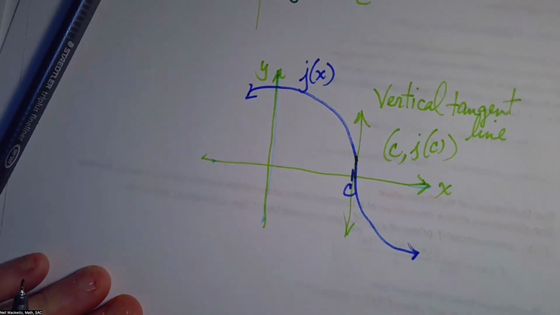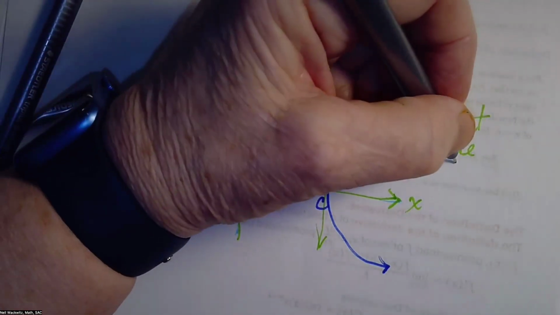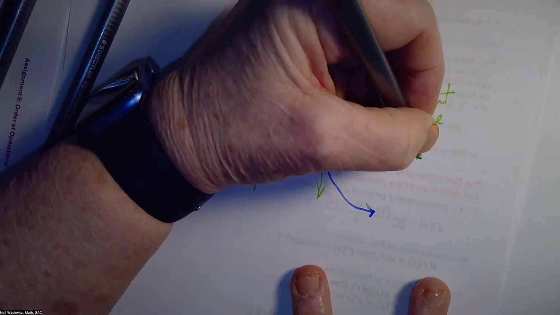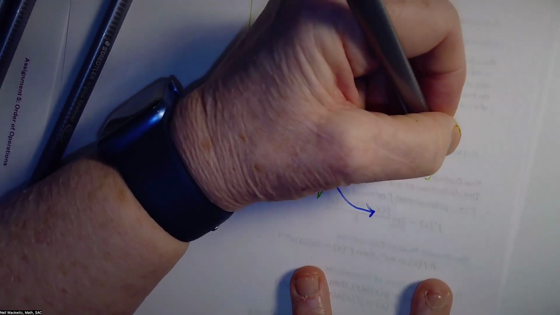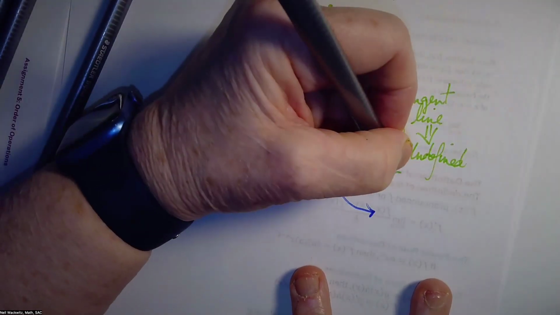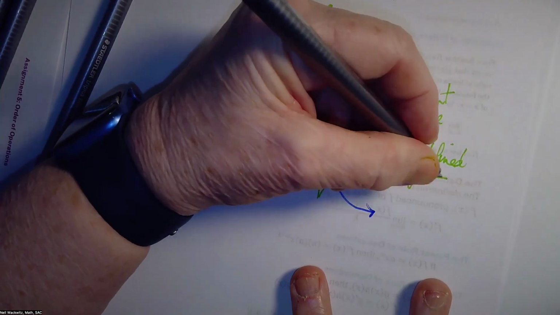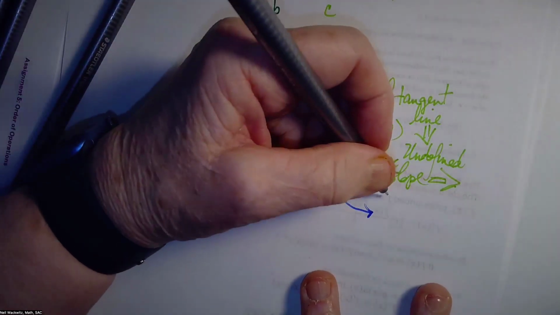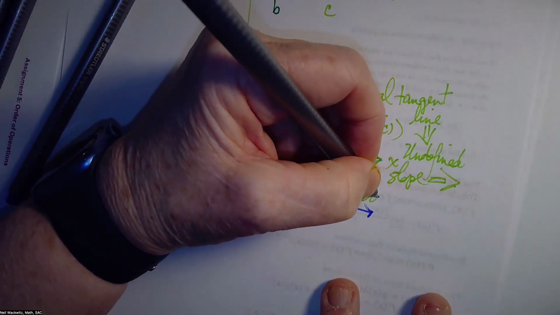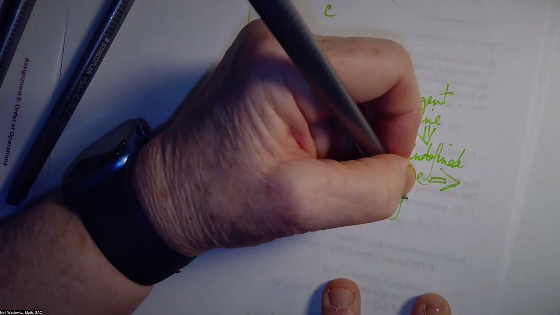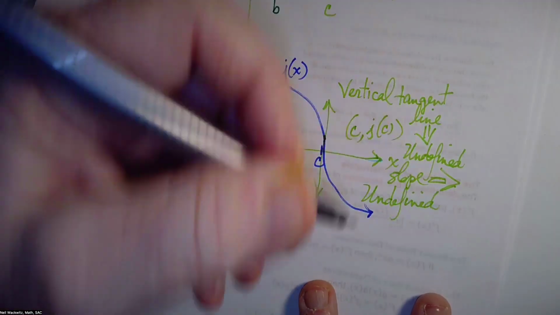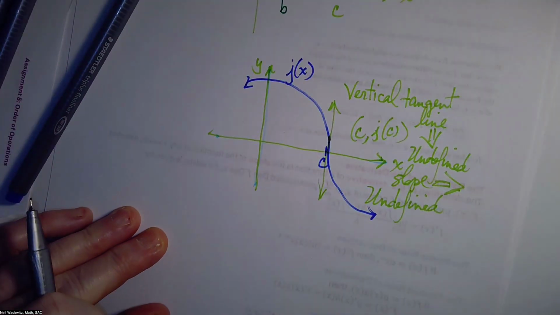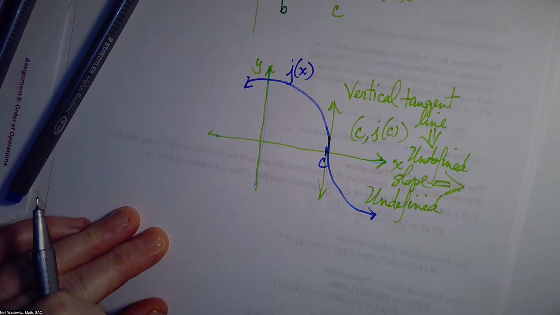Well, the slope of a vertical tangent line is undefined. And that means that we have an undefined derivative, because the derivative is just the slope of the tangent line at a point.